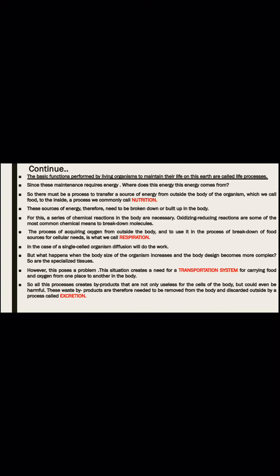All of you know the answer: the energy for doing the basic activities inside our body, for moving the molecules around so that the cells can perform, the body can perform. So we reach the conclusion that we need to have food, the source of nutrition, the source of energy. The source of energy is nothing but the food.